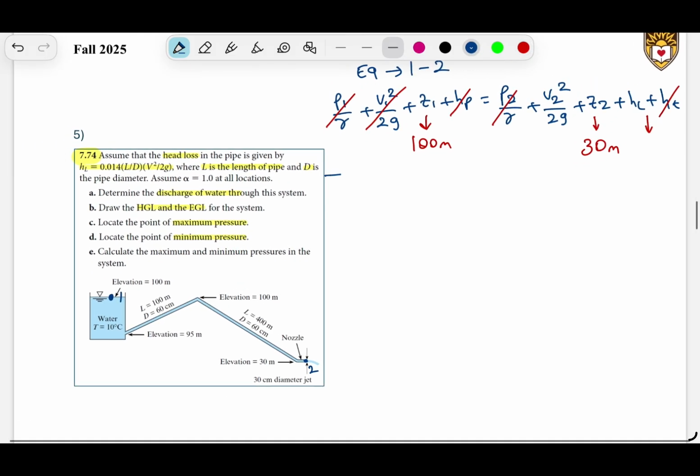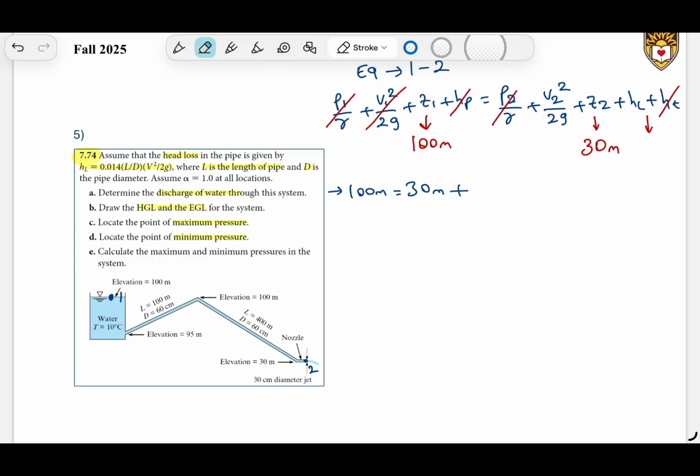So if we modify this equation, we will get 100 meters is equal to 30 meters plus V2 square over 2g, plus head loss.